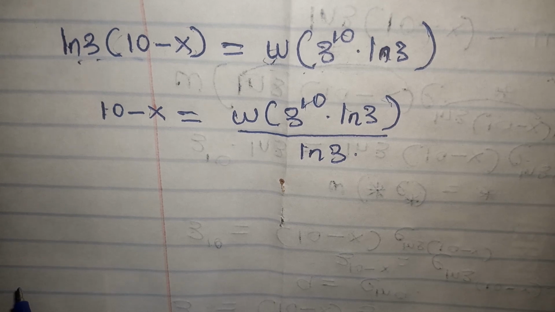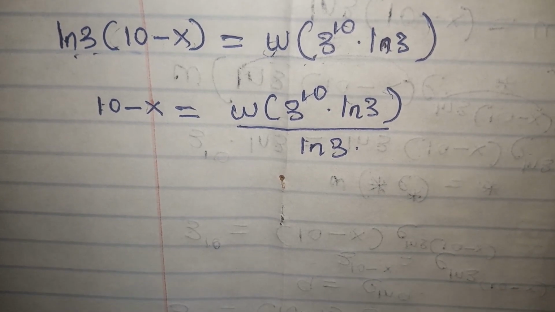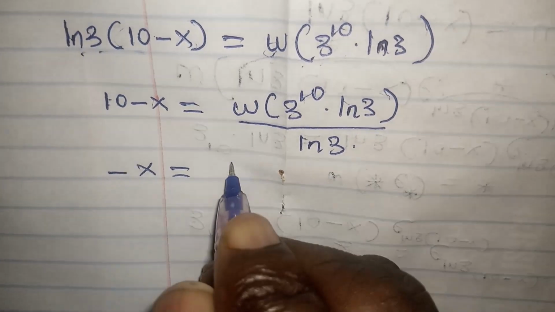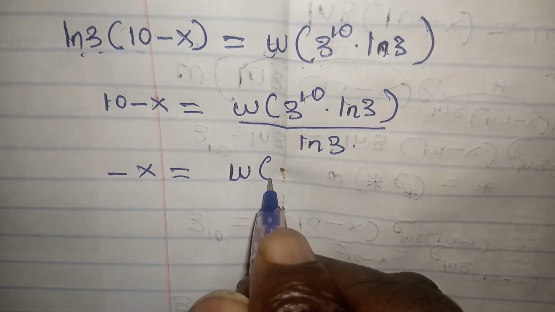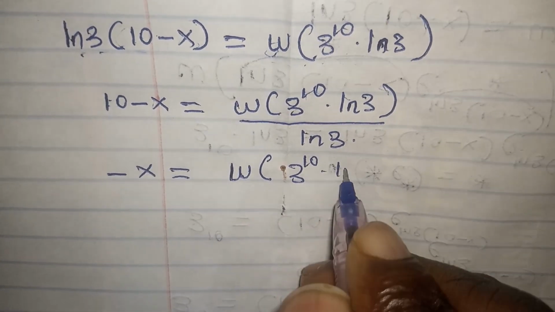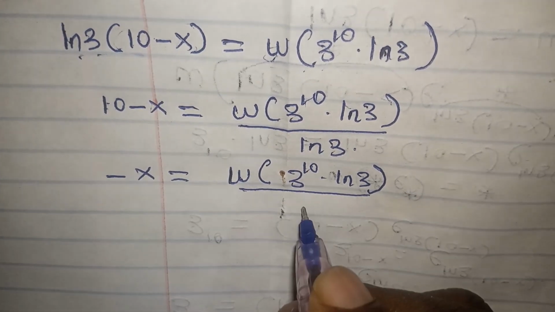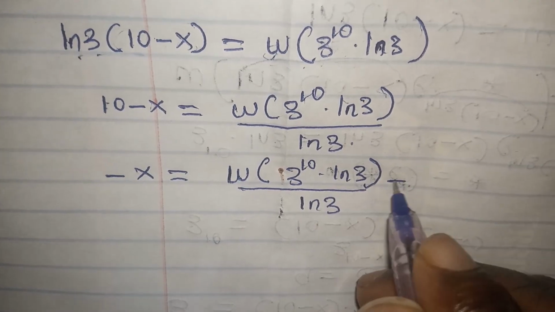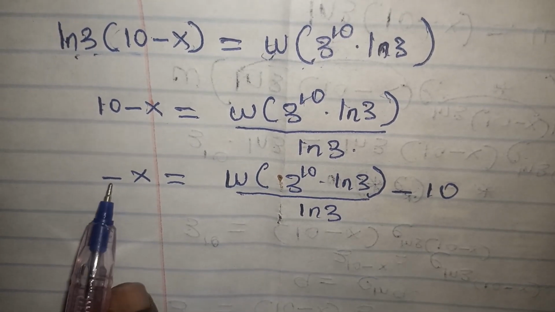Okay, from here we can look for the value of x. So if we look for the value of x, we can say minus x equals the Lambert W function of 3 to the power of 10 times ln 3, divided by ln 3, minus 10. Now we can see that we have a negative sign here.